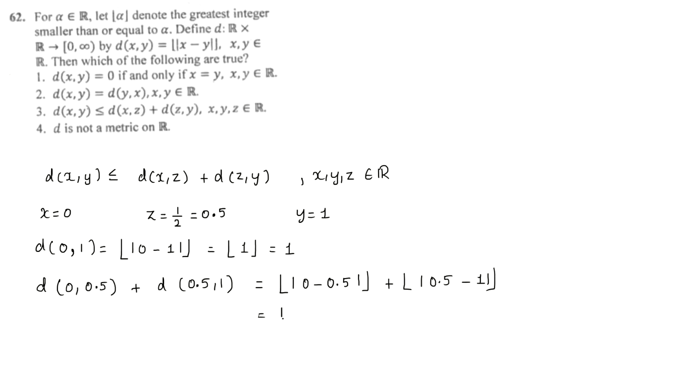Clearly this is the greatest integer smaller than or equal to 0.5 plus the greatest integer smaller than or equal to 0.5, which is 0 plus 0, hence 0. So we have d of x comma y equal to 1 and d of x, z plus d of z, y equal to 0. Therefore this inequality does not hold, because 1 is not less than or equal to 0. So option 3 is wrong.